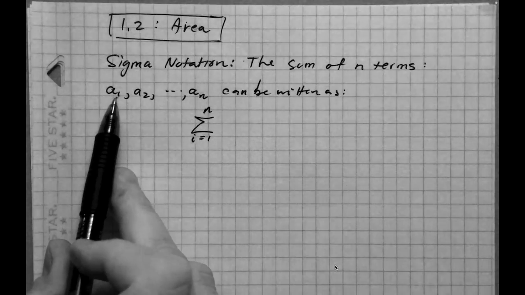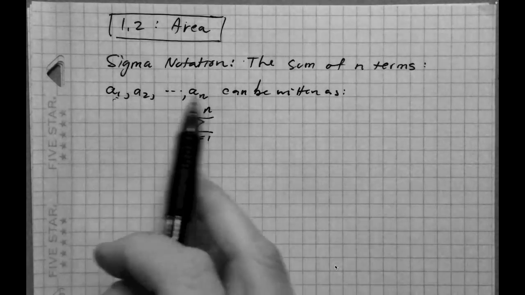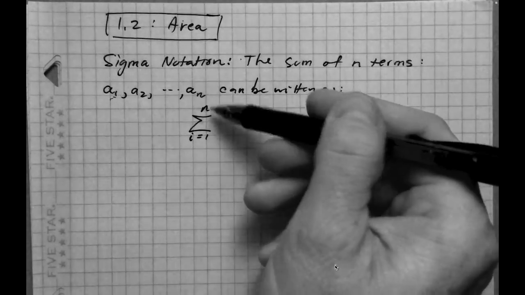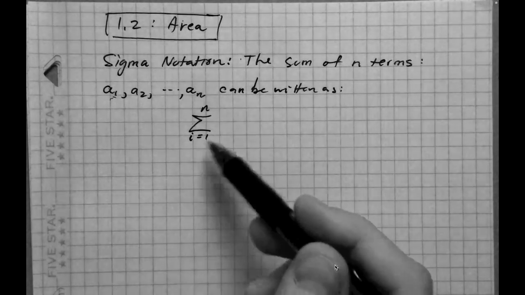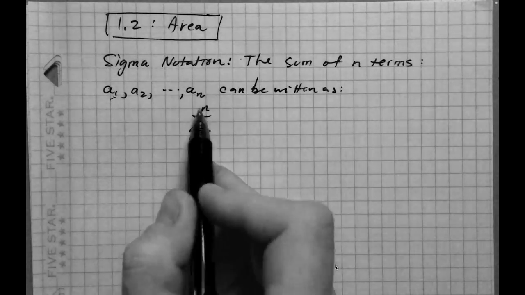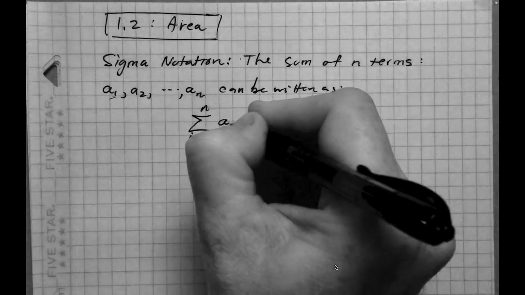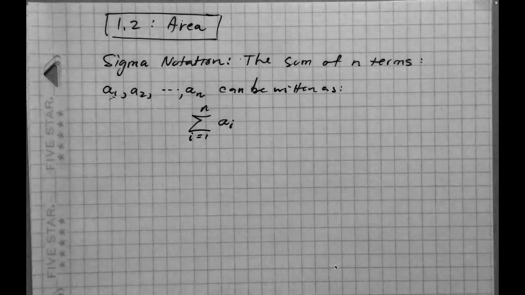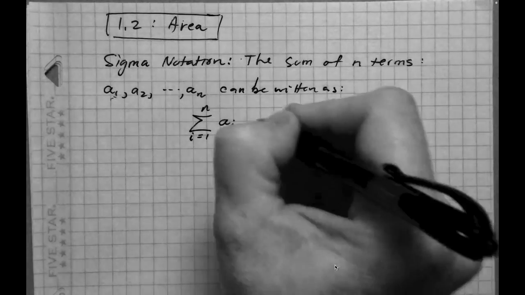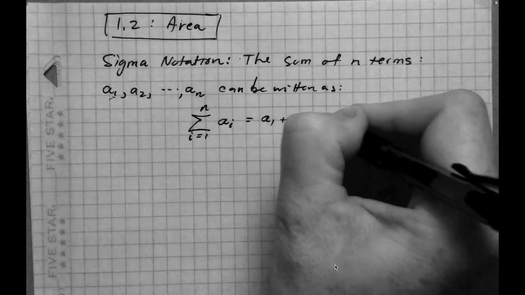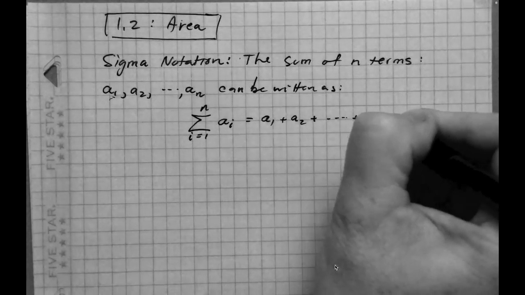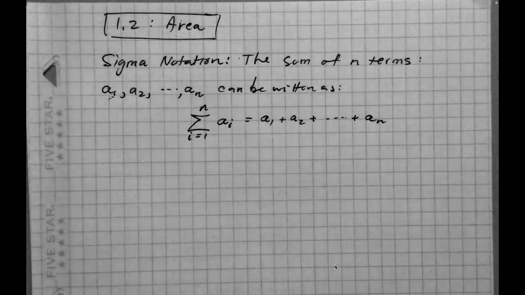In this case, the indexes range from 1 up to n, and so the sigma notation would say the sum of something from i equals 1 up to n, and the something in this case would be denoted as A sub i. And that's literally just equal to A of 1 plus A of 2 plus, and so on, all the way up to A of n.